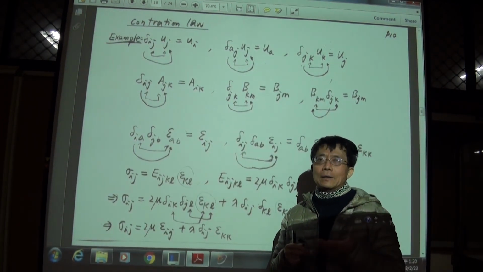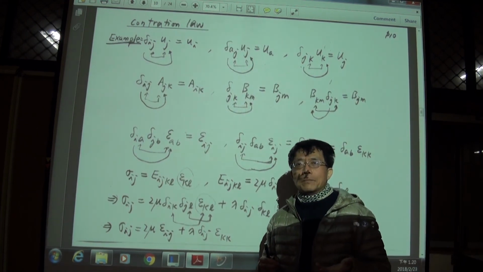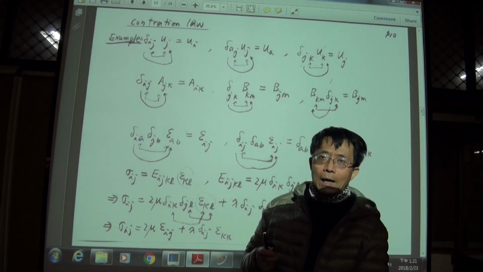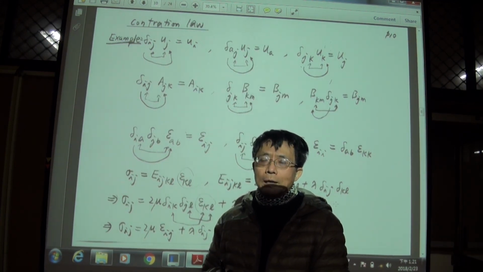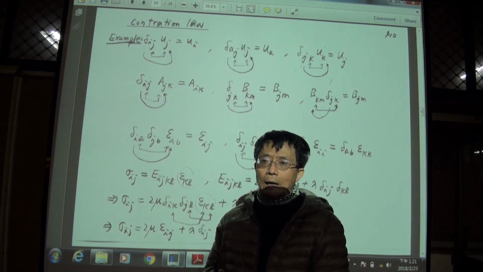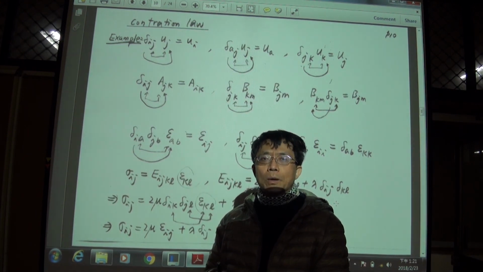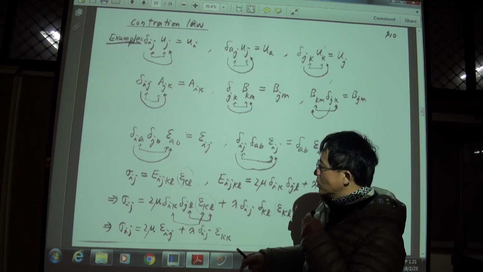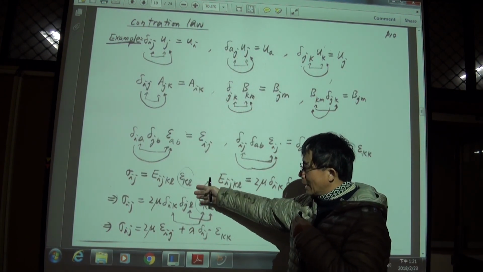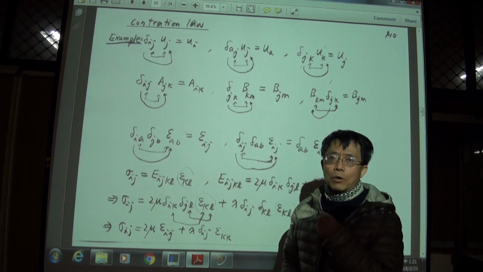We will make use of such index notations of the stress-strain relation later in the virtual work principle. So it is very important for you to understand how this computation works.